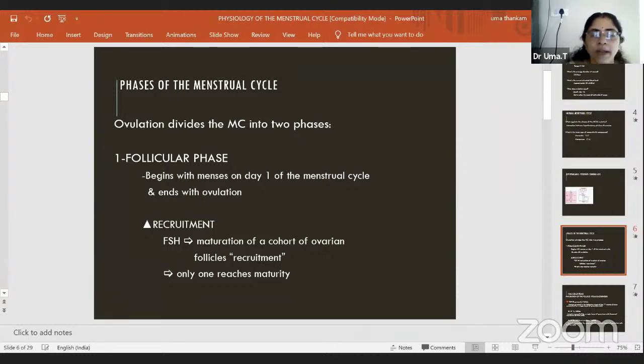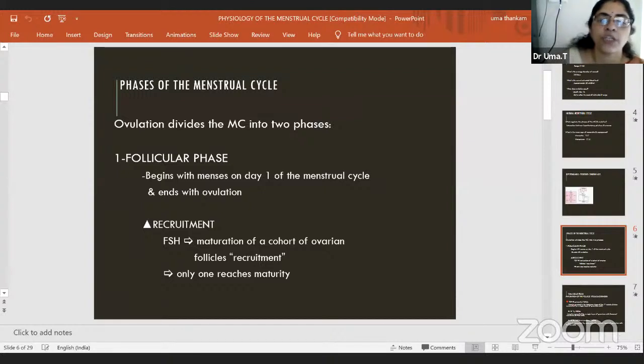So what happens in menstruation? Actually, what happens in the physiology? The first thing is that a cohort of ovarian follicles gets recruited. What decides the recruitment? Nobody knows. All the follicles which get recruited have FSH receptors in them.